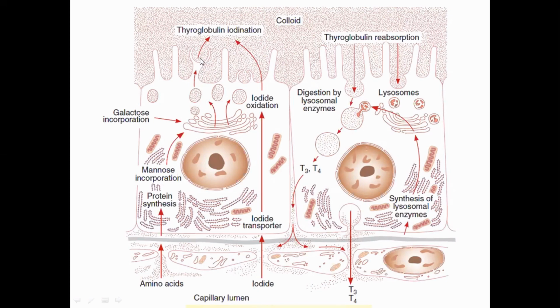Due to the lysis of these vesicles, it releases the thyroglobulin, and this thyroglobulin gets iodinated. The source of iodine is the circulation, and this iodine comes from dietary food.